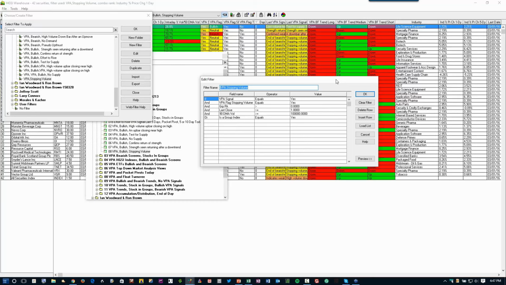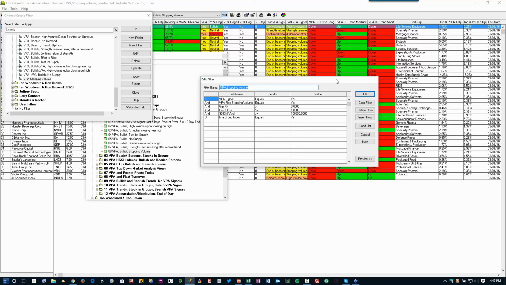So as you can see, the second rule there, a VPA flag stopping volume equals yes, and so you can make a filter, and that runs on the last day of data, and it will even run interday. But you have to remember that the volume on an interday is whatever's accumulated up to that point you did the full update.